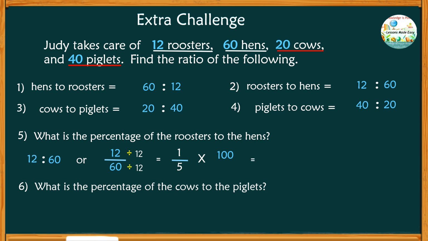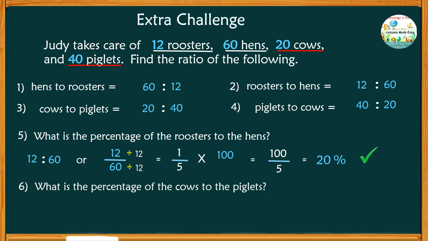Any number multiplied by 1 will give us the same number. Therefore, this is just the same as 100/5, or 100 divided by 5, where we get the quotient of 20, or 20%.